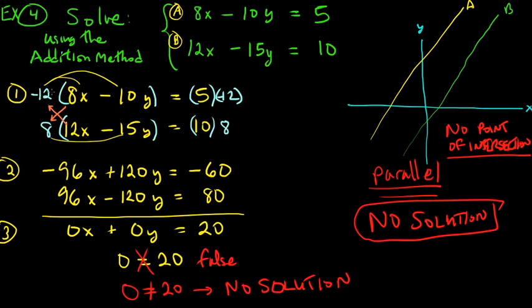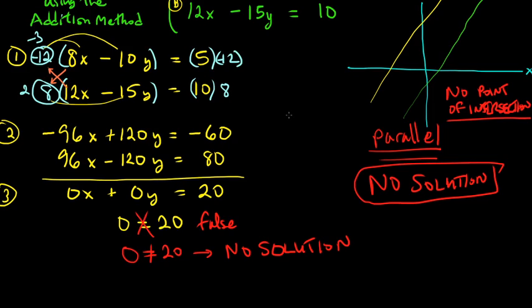We could use smaller numbers, like 3 and 2. We could have used -3 here and +2 here, and we would have gotten smaller, nicer numbers. If you did it that way, that's fine. You still got something like 0 is equal to 3, and if 0 is not equal to 3, same result, no solution.